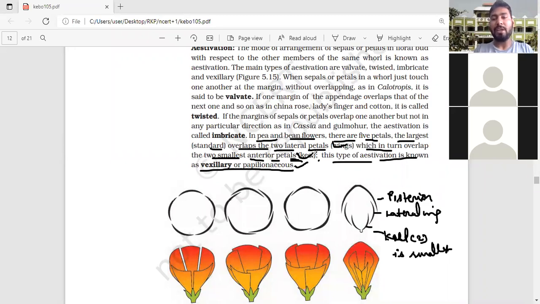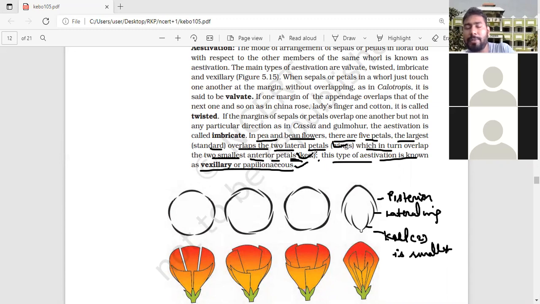Third is the imbricate type. In the imbricate, one will be on the outer side, one on the inner side, and they are not in a particular direction. Why? Because in this imbricate structure, one will be outside and one inside.